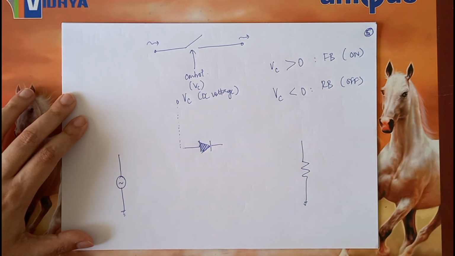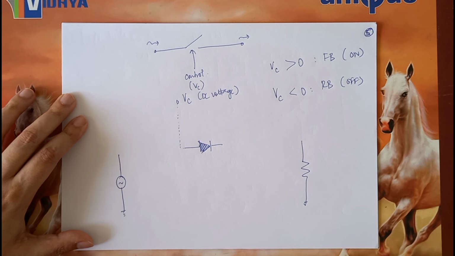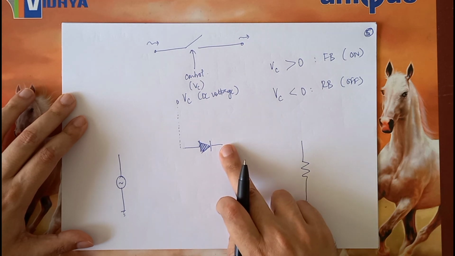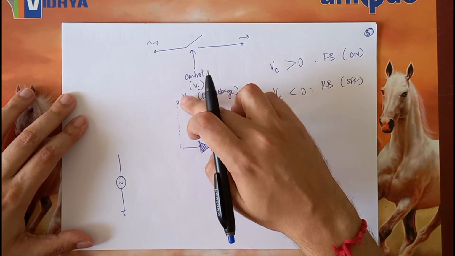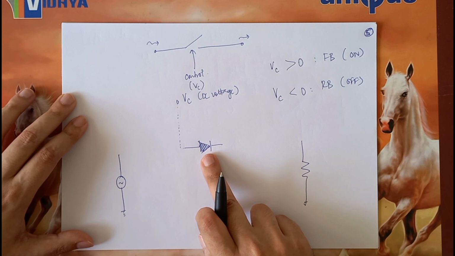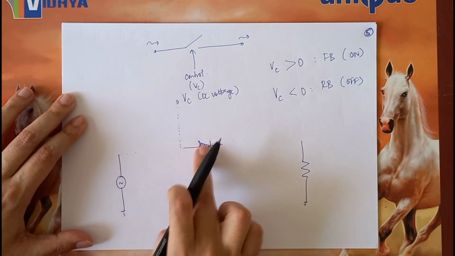But at the same time, I should also provide a path to ground for this terminal, for the N terminal. Now let us say VC is positive, the diode is forward biased. So at this time, this signal must come over here.